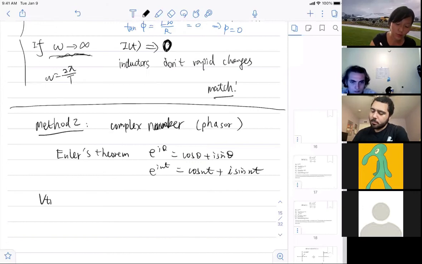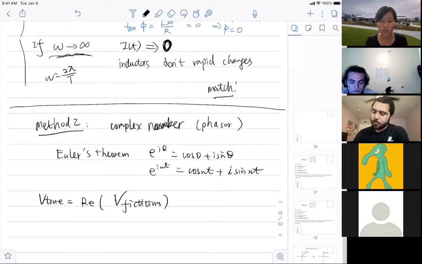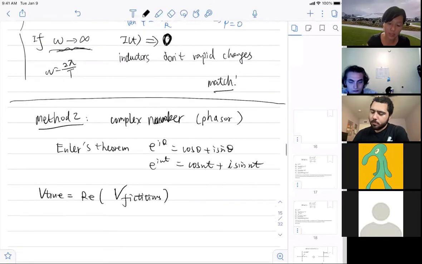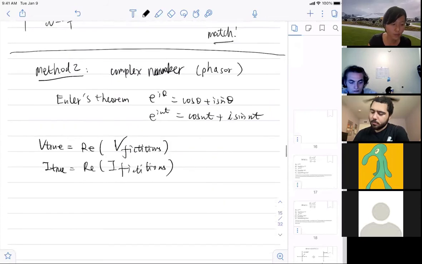If your true voltage is the real part of your complex voltage, a fictitious voltage that doesn't exist in real life, but in our calculation we make that into a complex circuit, then your true current will be the real part of your fictitious current. Just take the real part of that.